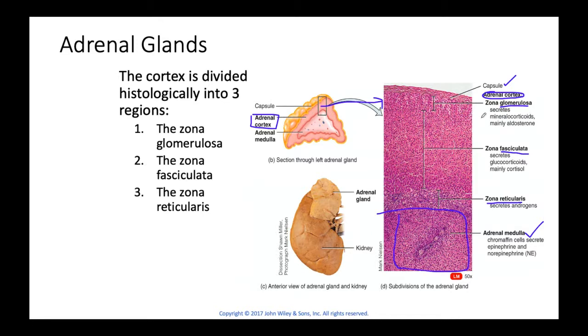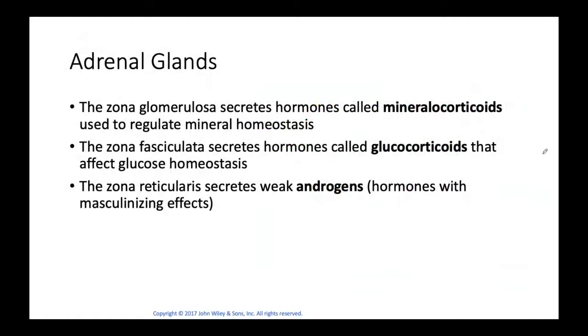The glomerulosa is going to secrete the mineral corticoid, which is aldosterone. That's involved in sodium regulation. The zona fasciculata is your glucocorticoid, mainly cortisol. Okay. The zona reticularis, these are the sex hormones, the androgens. Okay, so you need to know the three areas, what hormones they release and produce.